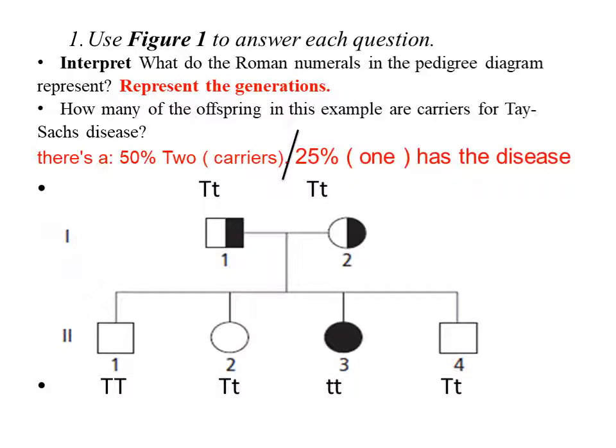One has the disease, 25%, while 50% are carriers, they are heterozygous. So I wrote here 50% are carriers and 25% has the disease. It means one has the disease.